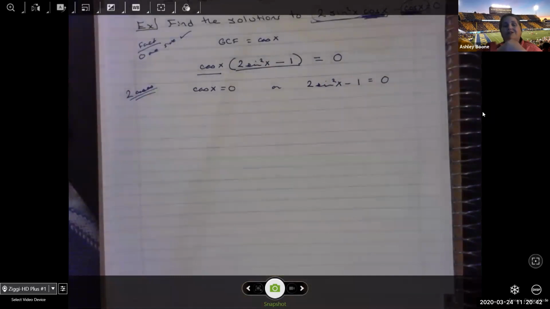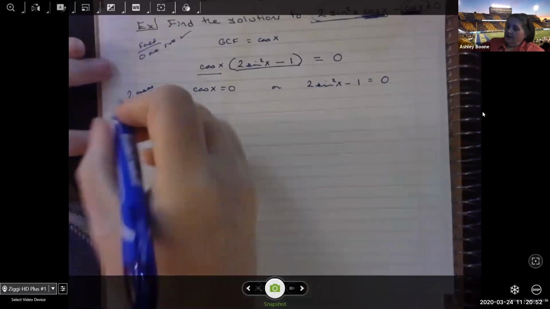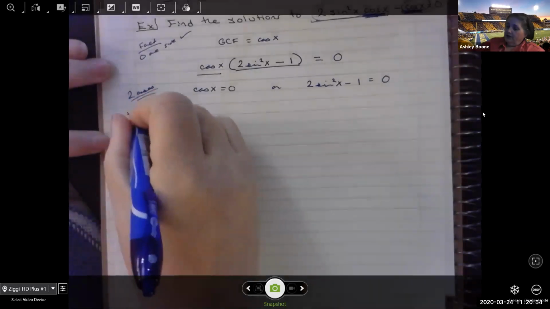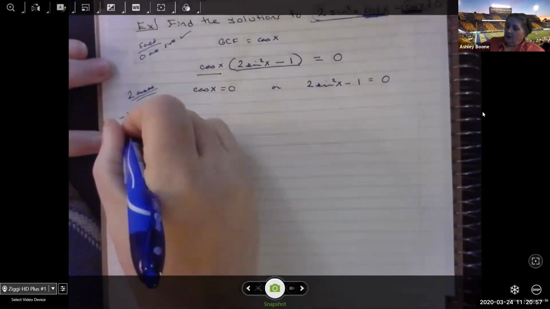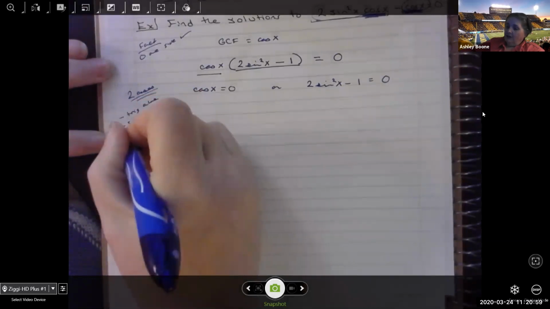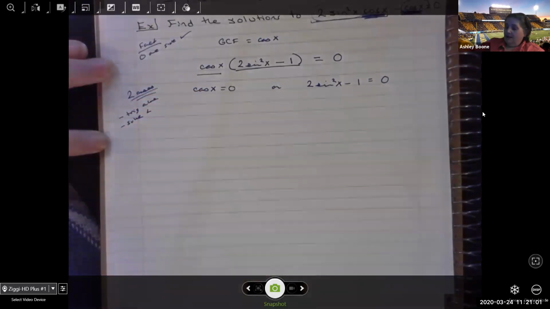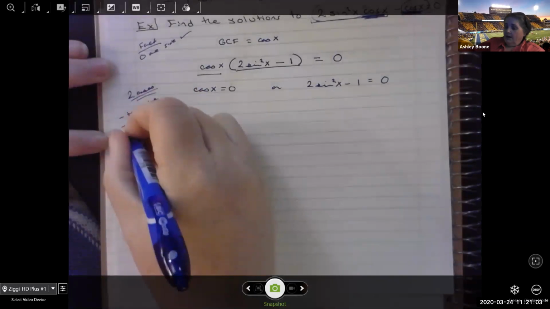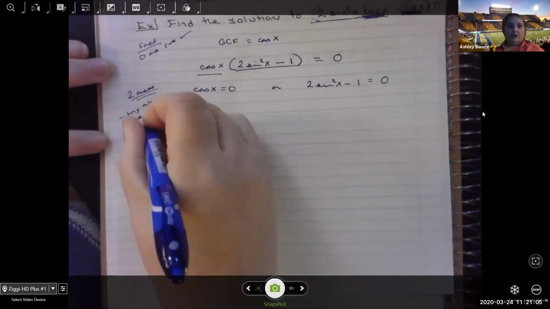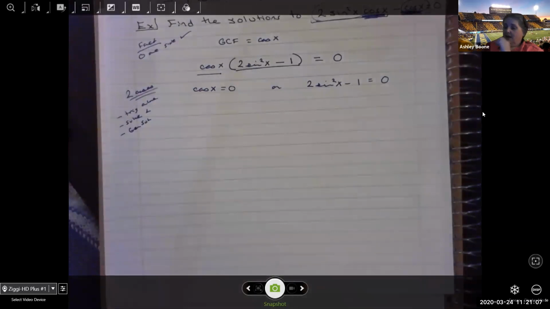And what we're going to do is look at each case, okay? And we're going to follow the process that we did in the last problem. In all of our examples so far, what do we need to do? Get the trig function alone, solve for the angle. This one didn't give us a specific interval, so we want our general solution. We're going to do that for each case.